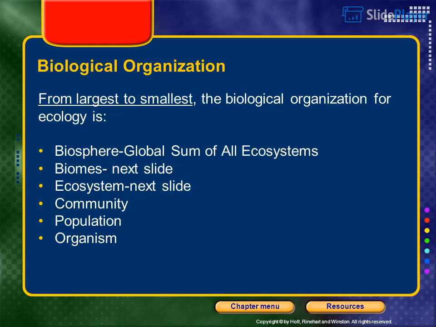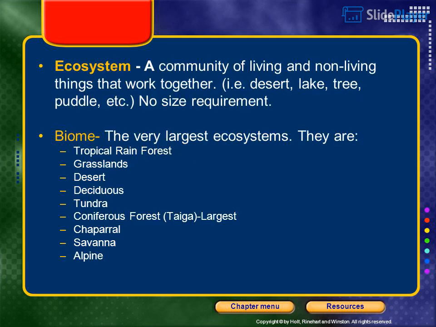Biological organization. From largest to smallest, the biological organization for ecology is: Biosphere, the global sum of all ecosystems. Biomes. Ecosystem. Community. Population. Organism.